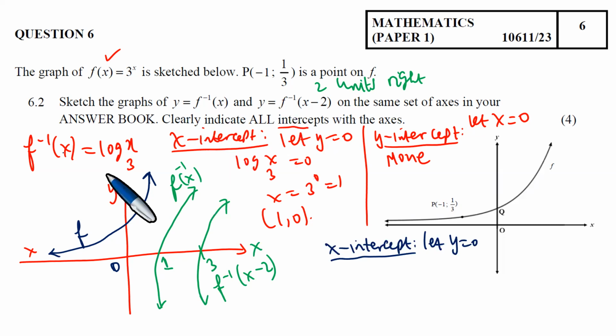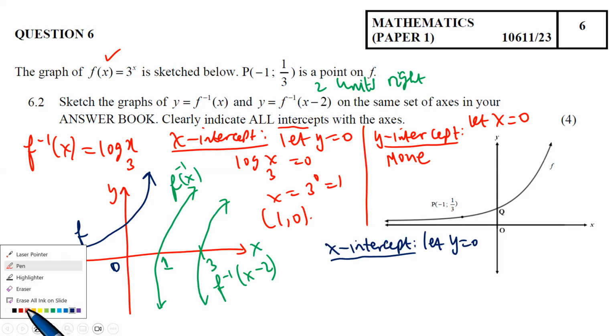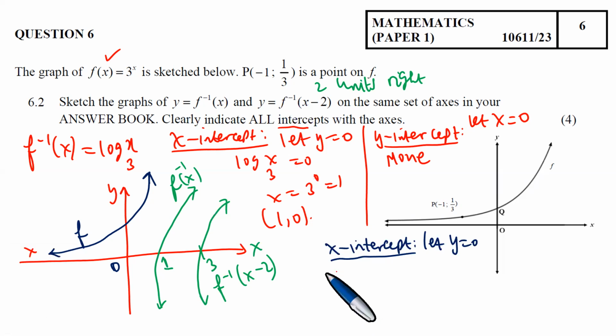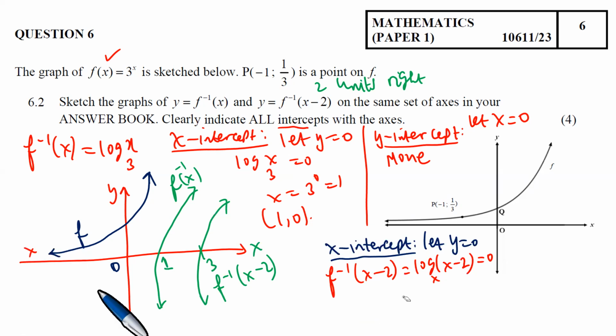Now in this graph here, how does this graph look like? Because this is f inverse. So f inverse of x minus 2 is equal to the log of x minus 2 base 3. You equate this to 0. There's 3 here.